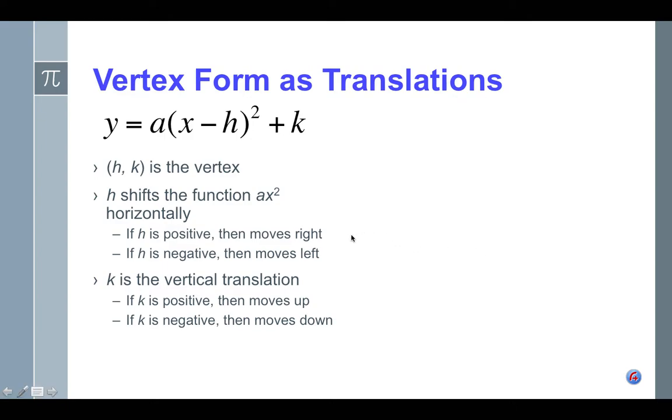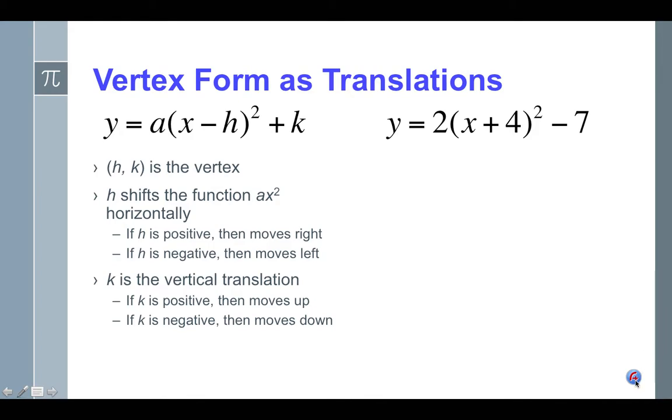All right, so let's look at what this means in an actual example. If we were given the function y equals 2 times the quantity x plus 4 squared minus 7, we can say that k is my minus 7. And because originally this is a minus h, that means that 4 is actually a negative value.